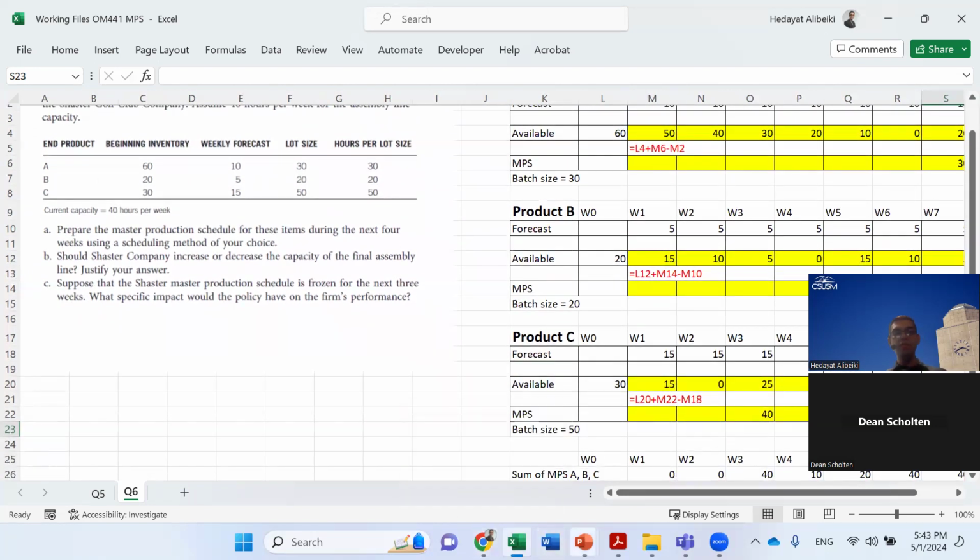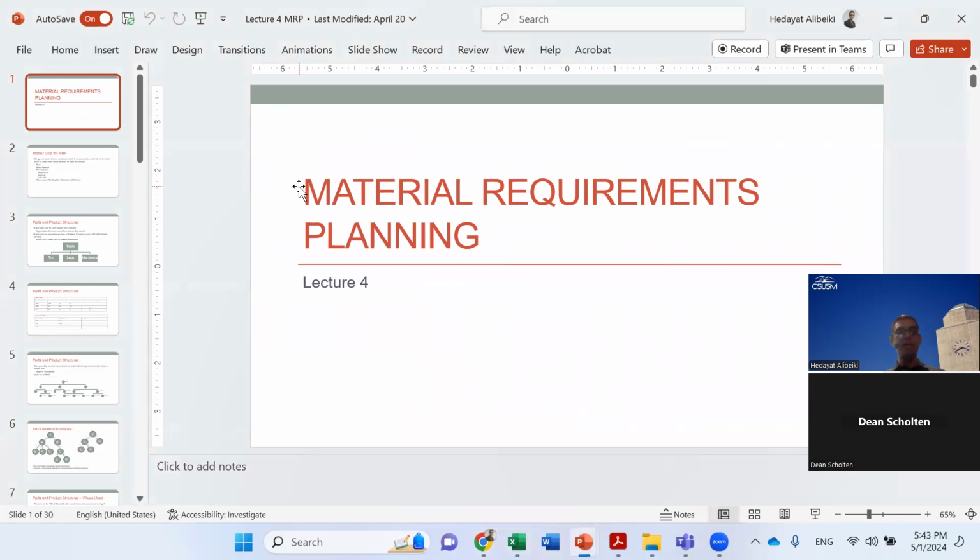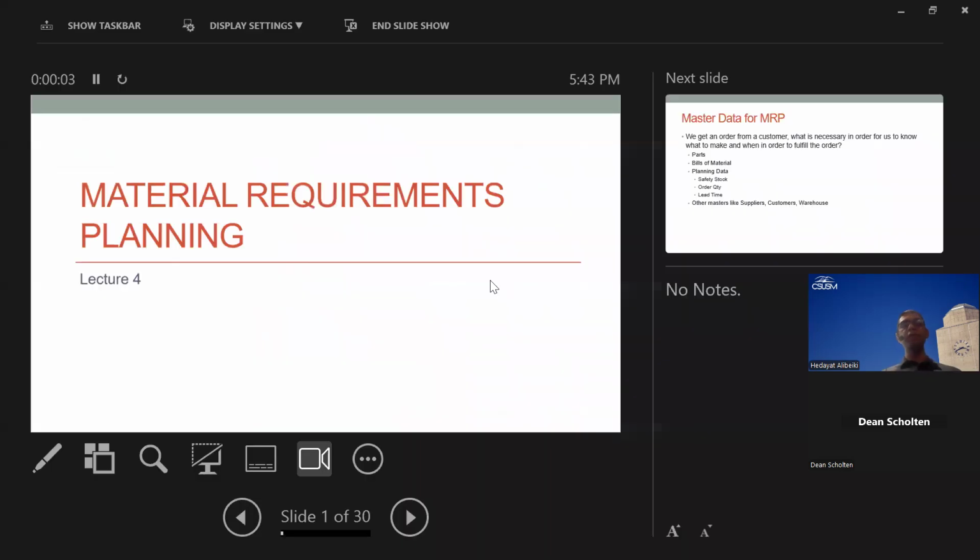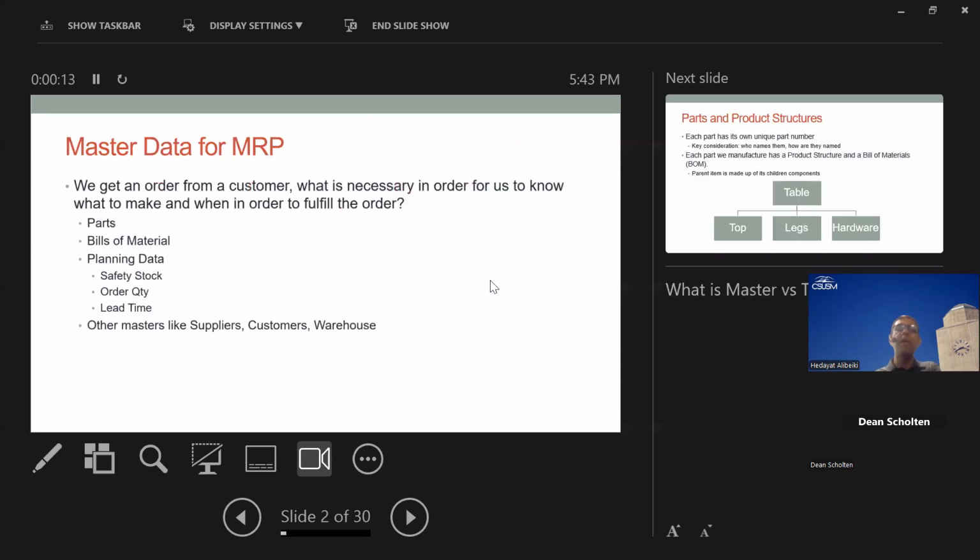All right, let's move on to MRP. Hopefully this is not something new to you guys. Hopefully I've covered the basics of this in the lab, but I'm going to start from the basics again. So really quickly, MRP is material requirement planning.